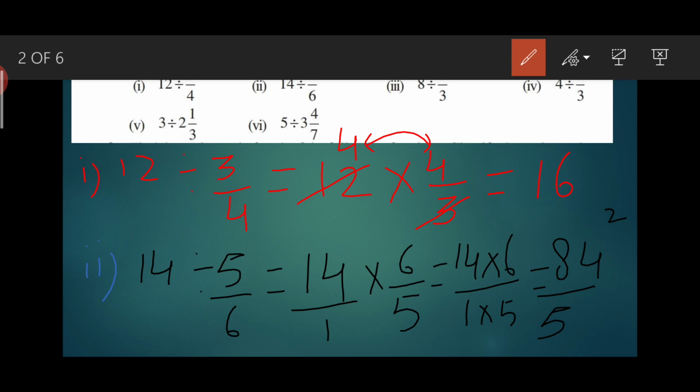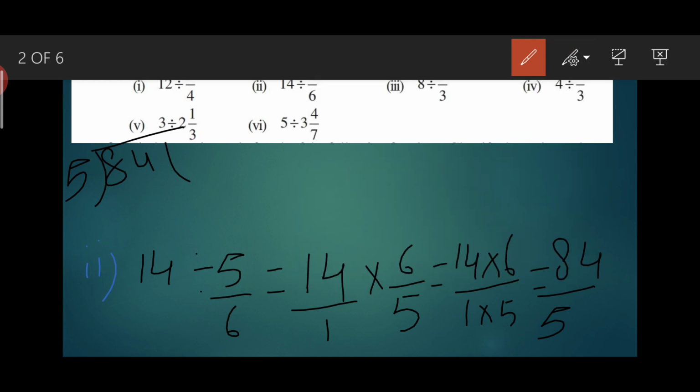I am erasing the first part here. So in the second part, now you have to divide 84 by 5 and then write the answer. So I am doing it here, 84 divided by 5, you have to solve it.